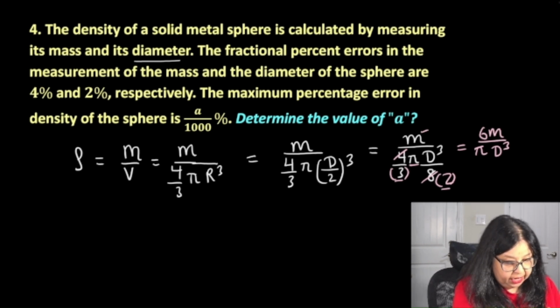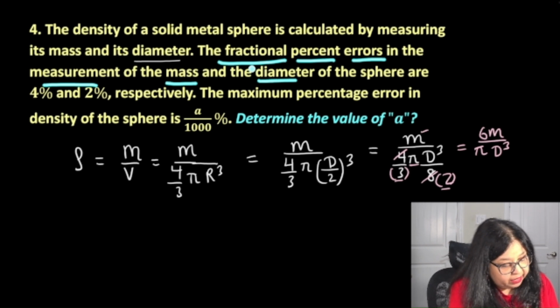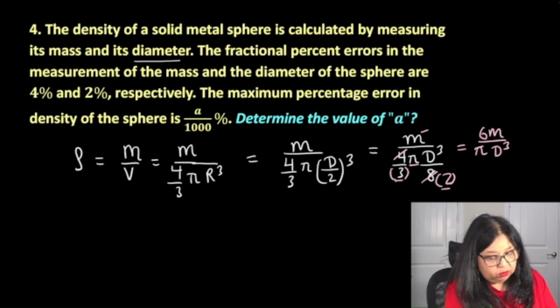Okay. Next, we're told that the fractional percent error in the measurement of the mass and the diameter of the sphere are 4% and 2% respectively. Let's write that down.